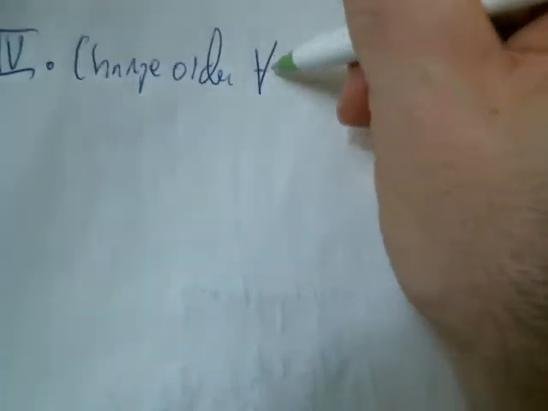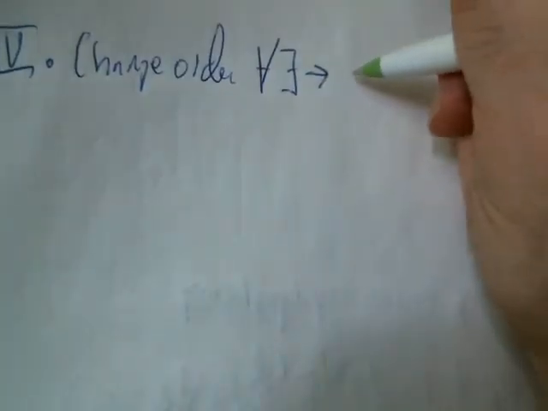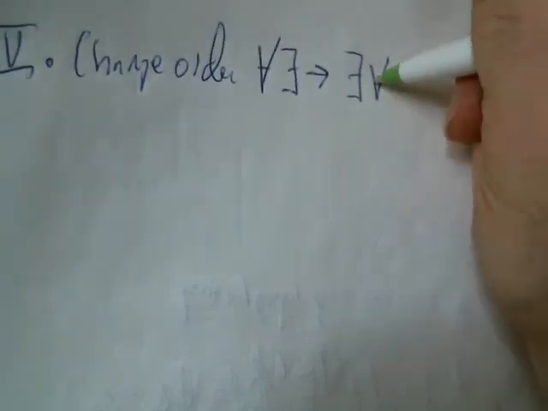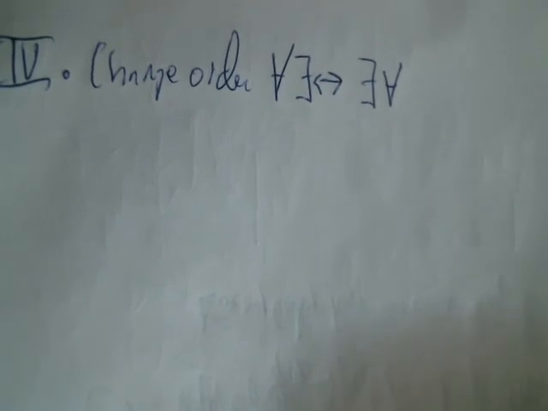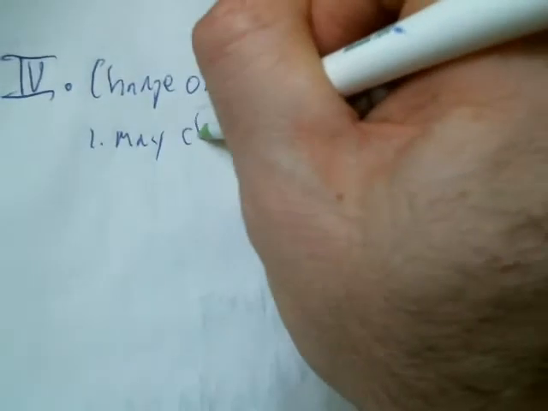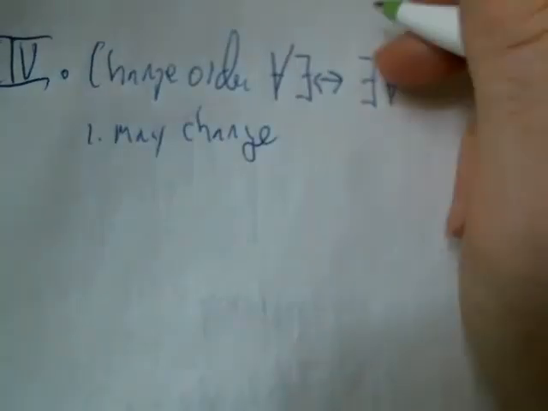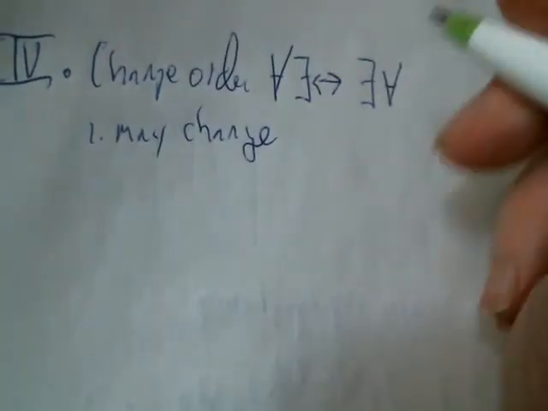So we want to analyze that in section 4, changing the order from universal existential into existential universal, or vice versa. And just note, it may change the meaning. You cannot go off doing this willy-nilly and expect things to be hunky-dory.